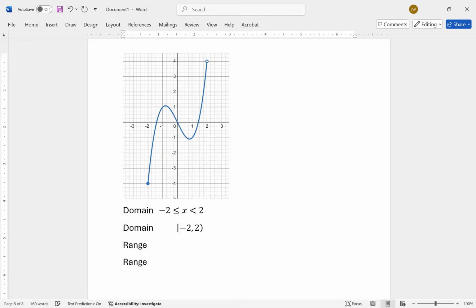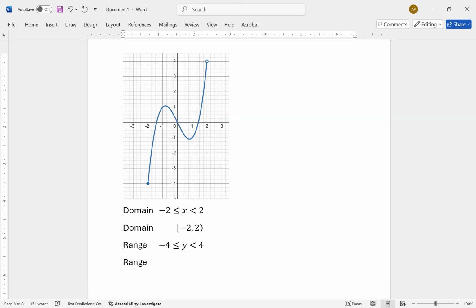The range, again, that's the y values. The y values go from -4 up to +4. In this case, -4 we can touch because we have a closed circle, but +4 we have an open circle. So that means -4 we can touch with the y value, +4 we cannot touch.